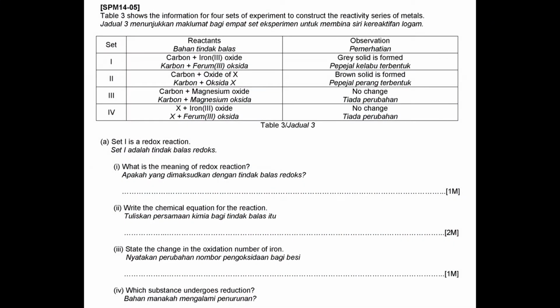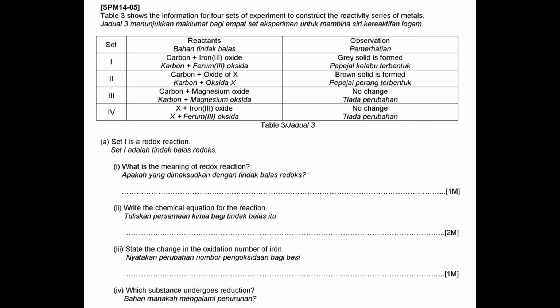Okay, this is SPM 2014, paper 2, section A, question number 5. Table 3 shows the information for 4 sets of experiments to construct the reactivity series of metals. In table 3, set 1, the reactants are carbon and iron trioxide.